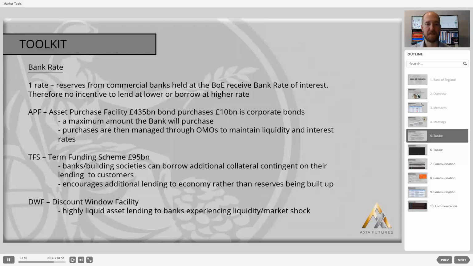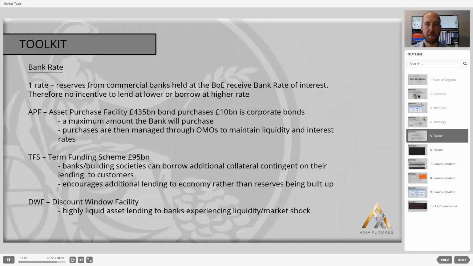Finally, and this is more of an emergency measure, but something that is still within the toolkit and an important part, because it provides an element of safety to the economy, and that's the discount window facility. This is their highly liquid asset lending to banks who are in some kind of crisis.